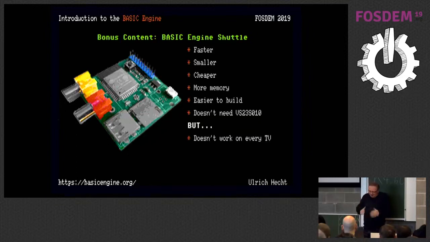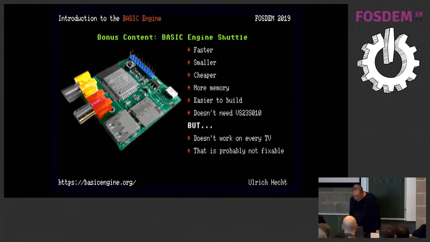But it's not a 100% match. So I have 4 TVs at home that I use for testing this stuff. It works with 2 of them. Not so great. And it's probably not fixable, because this approach really pushes the hardware to the absolute limit. There is no wiggle room.